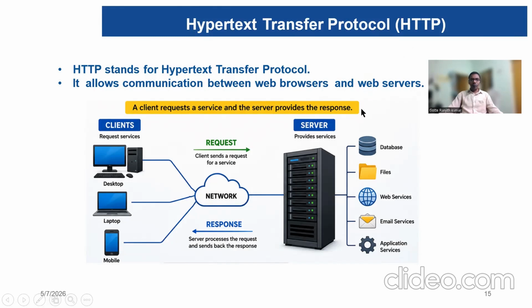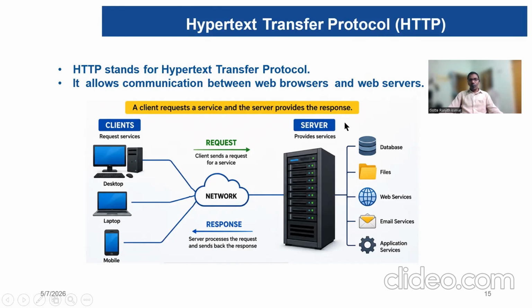It is responsible for generating a request and sending it to the server, and taking the response from the server and sending that response to the client. So that's why two entities are involved: one is a client and another one is server. That's why this architecture is known as the client server architecture.